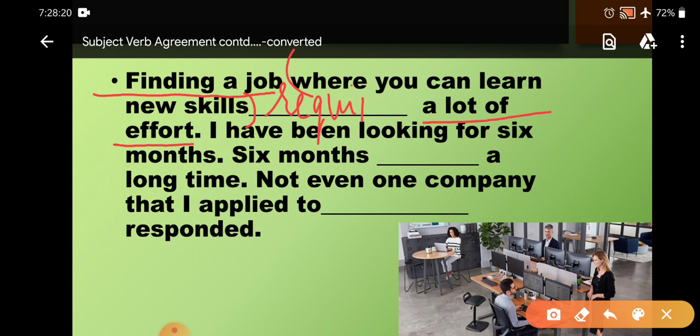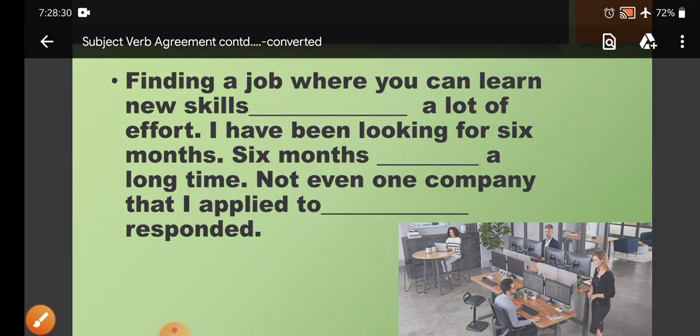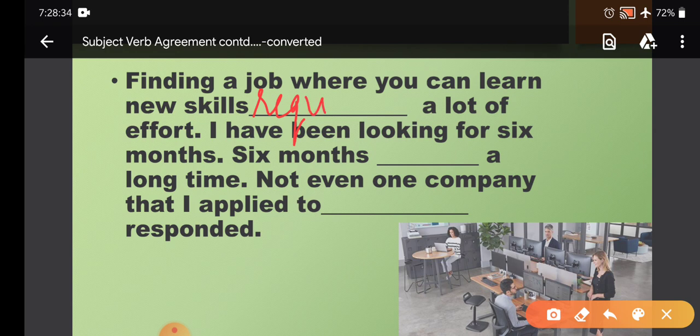Have you got it? Now read it again. Finding a job where you can learn new skills requires a lot of effort. Right? I have been looking for 6 months.